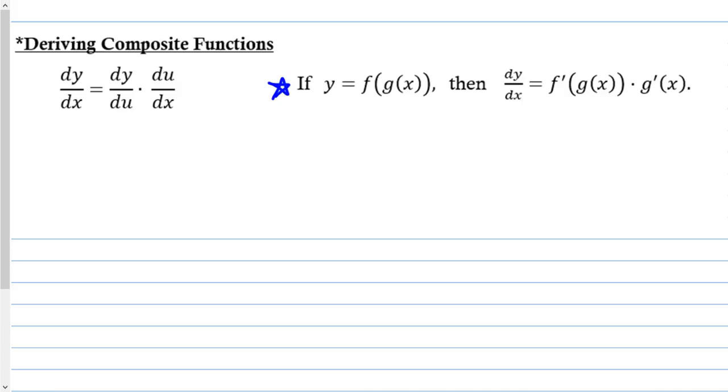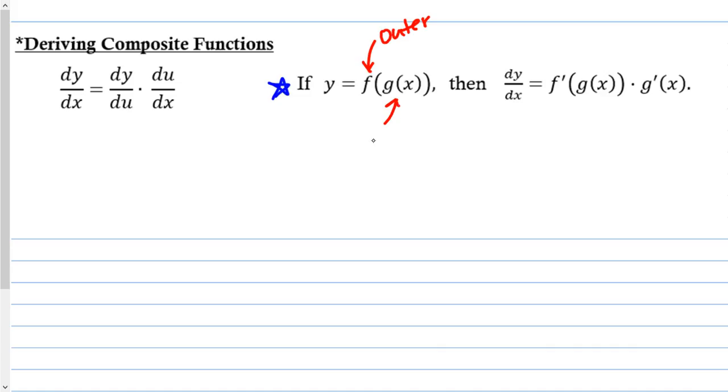So if y is f of g of x, then dy dx, the derivative of this composite function, is going to be f prime of g of x times g prime of x. This is referred to as deriving the outer function, which f is considered the outer function, and deriving the inner function.